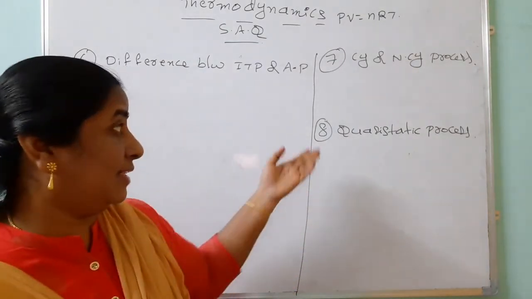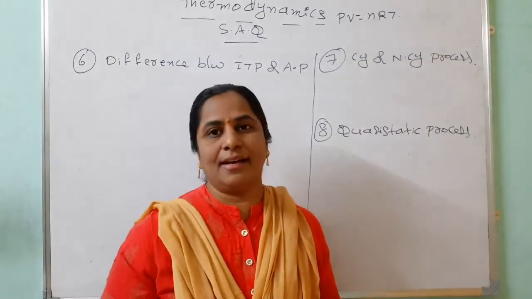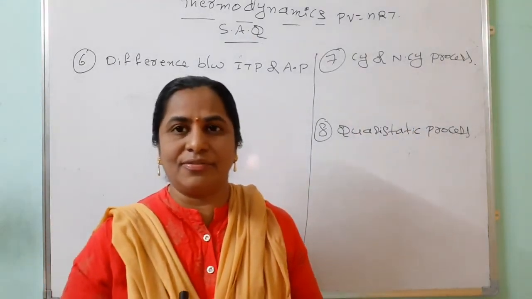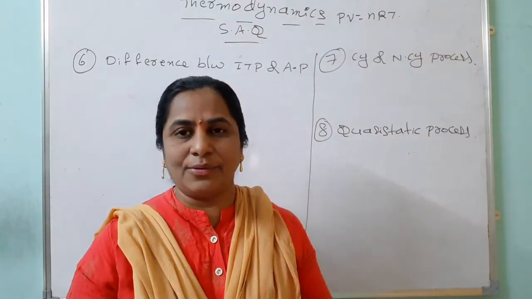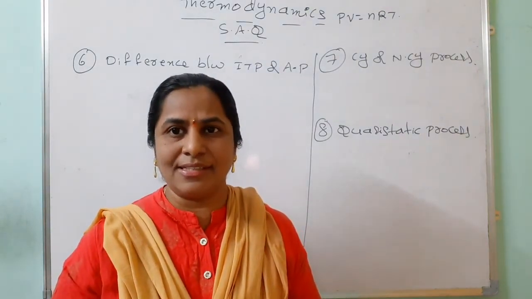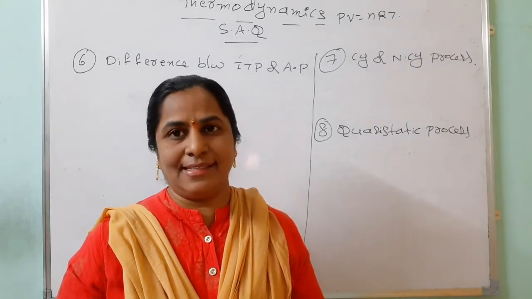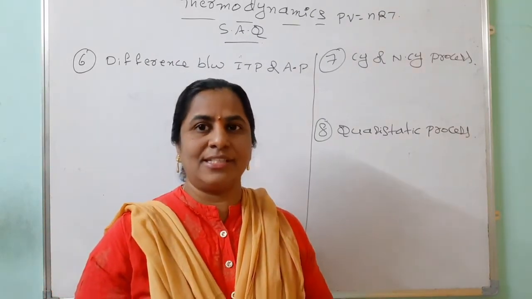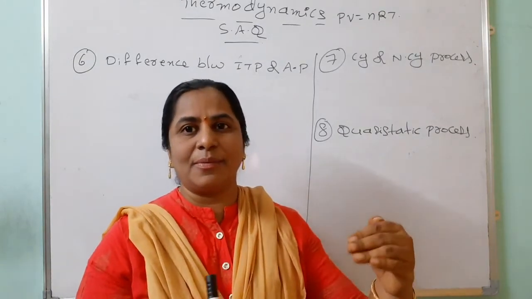Then our seventh question is: what are cyclic and non-cyclic processes? If the process goes through different stages and comes back to the original position, that is called a cyclic process. Suppose ice is there. Ice becomes water, water becomes steam, then steam becomes water, then water becomes ice.